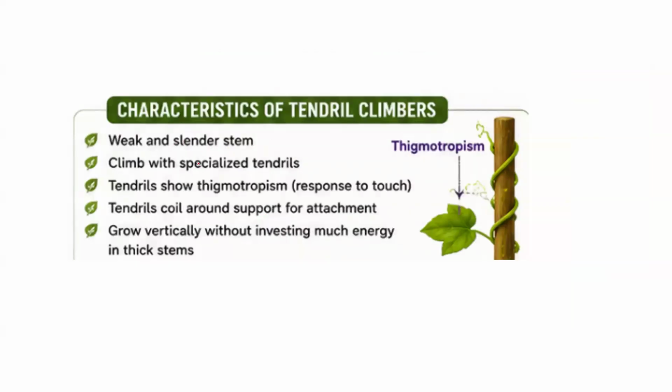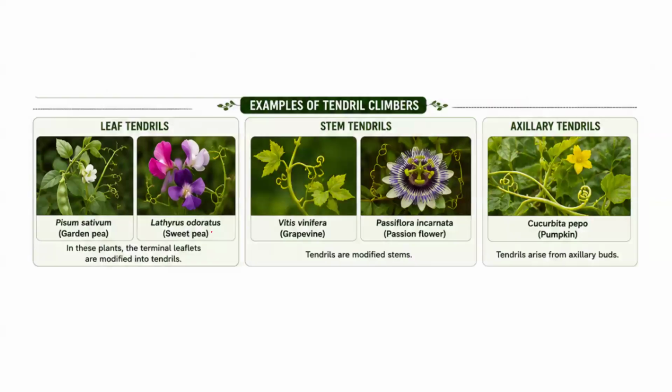So the main characteristics of the plants which use tendrils: they have very weak and slender stems. They climb by using tendrils. Tendrils show thigmotropism, meaning they respond to touch. They coil around for support and they grow vertically without investing energy.